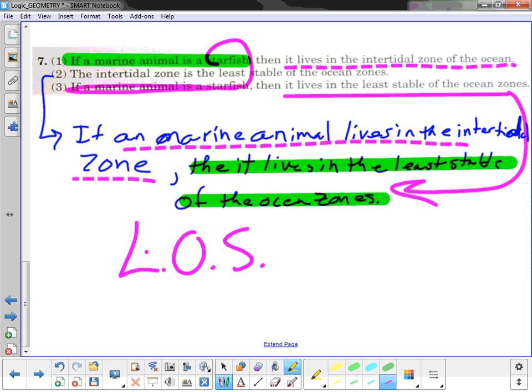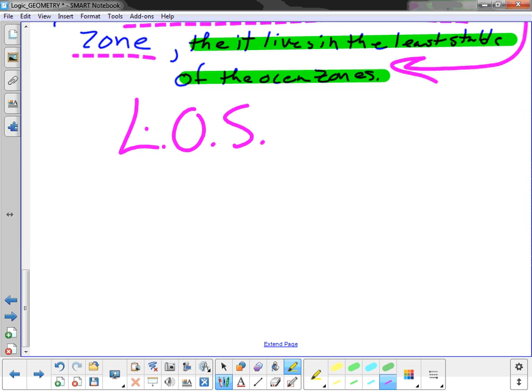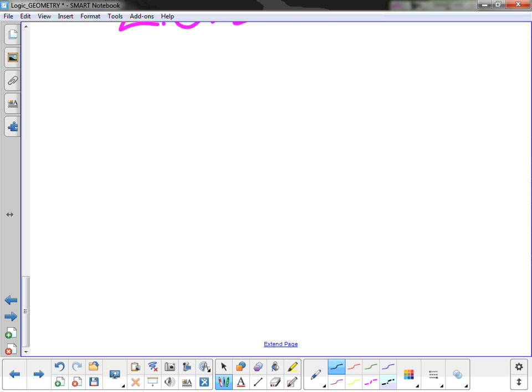So we have the 2 laws. As we look at them more closely, the law of syllogism has to have a P implies a Q, and a Q to an R, getting us to a P to an R. Has to be in that order. The P has to come first, the R has to come second.